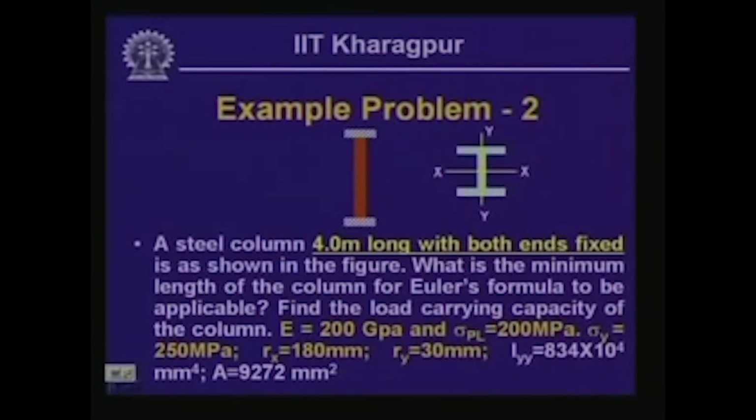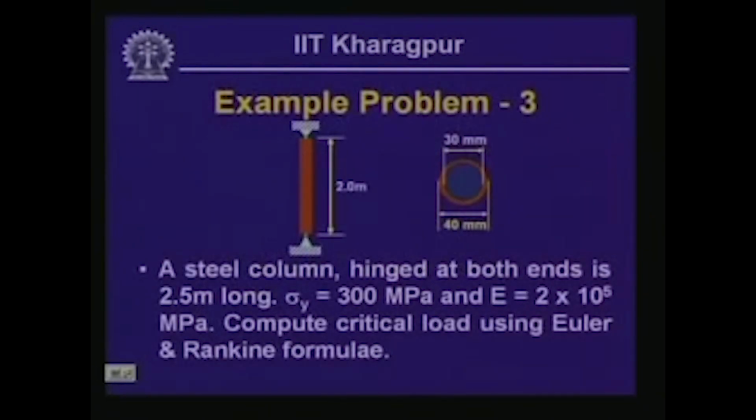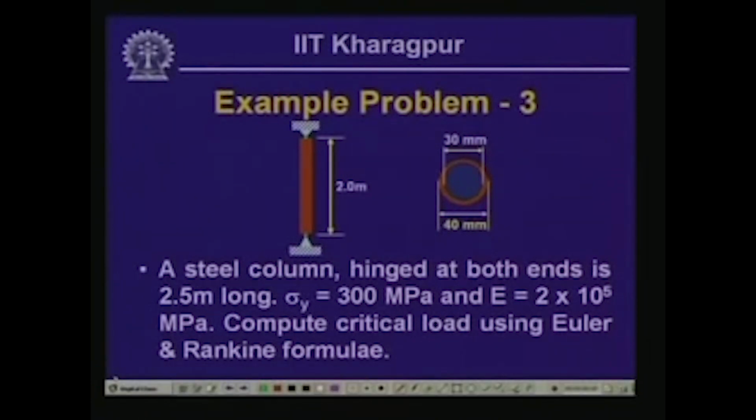That means you will need a column length of 2.98 times 2, around 6 meters, for a fixed ended column member where we can apply Euler's column buckling formula. Or else we will have to go for either the short column formula, which is the yield stress multiplied by the area, or Rankine's formula, which is for the intermediate column.